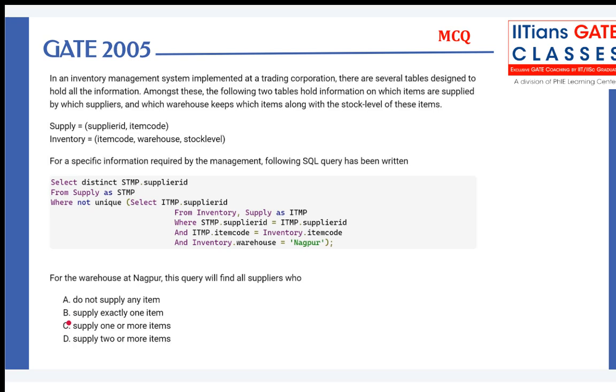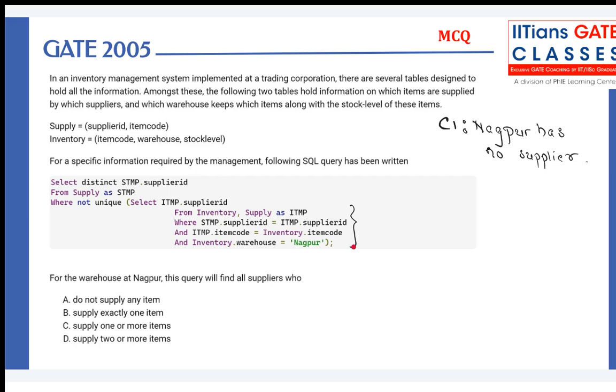Okay, so let's take some cases. Let's say case one is Nagpur has no supplier. What would be the inner query result in this case?